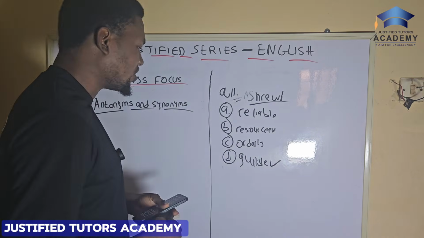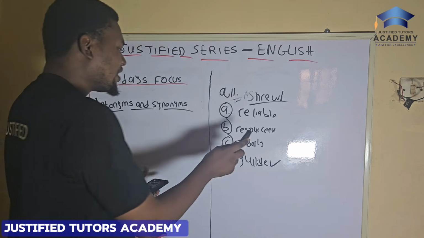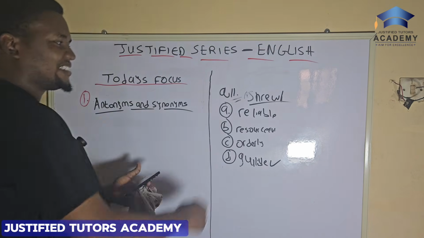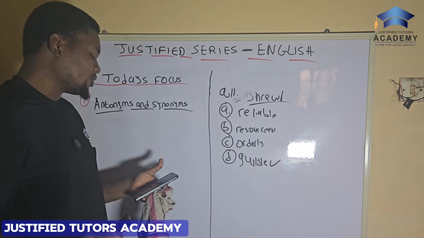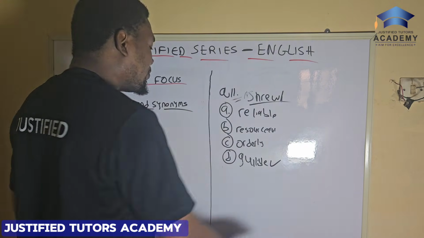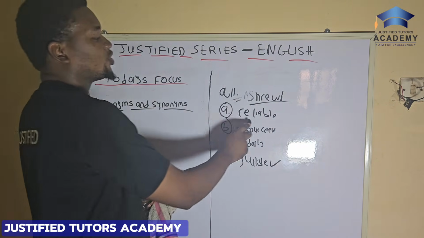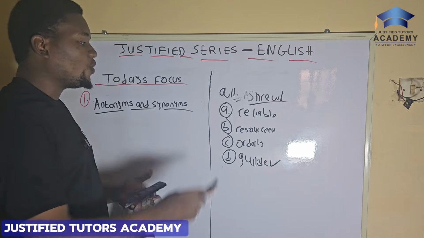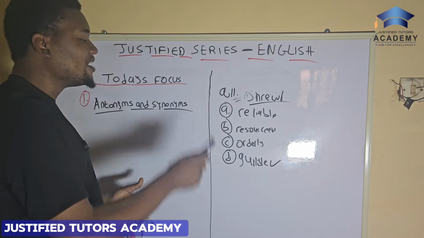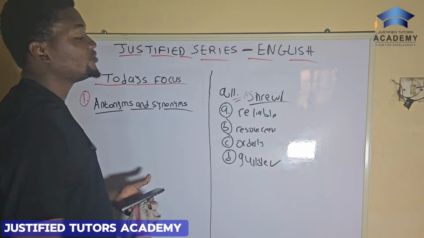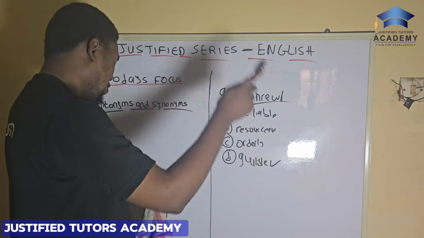But then the big question is, why is gullible the answer? Why is it not A? The reason is that A, reliable, means trustworthy, and trustworthy is not the opposite of shred. B, resourceful, means able to find, still not the opposite meaning of shred.